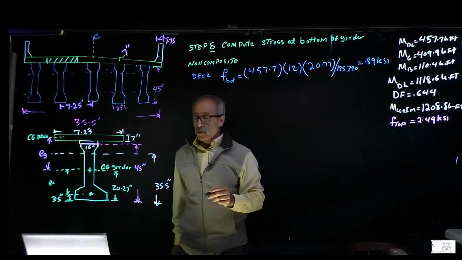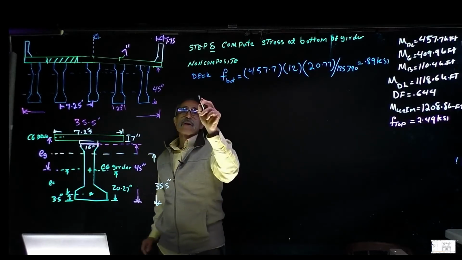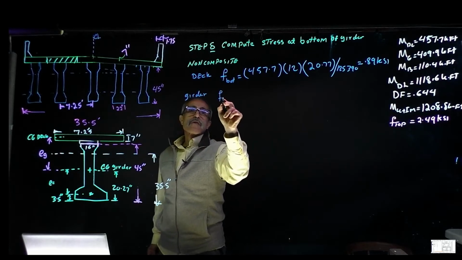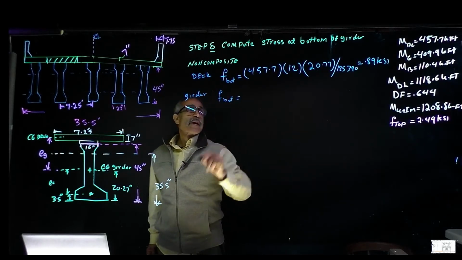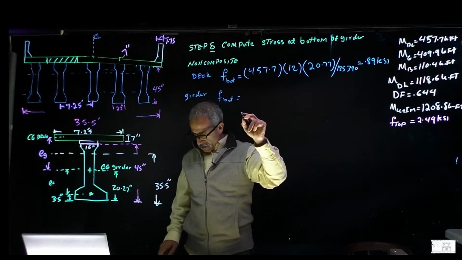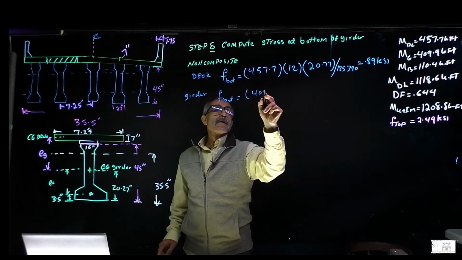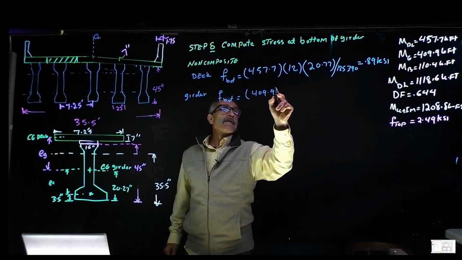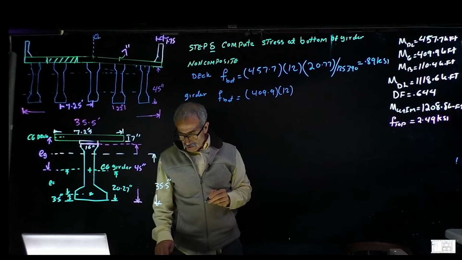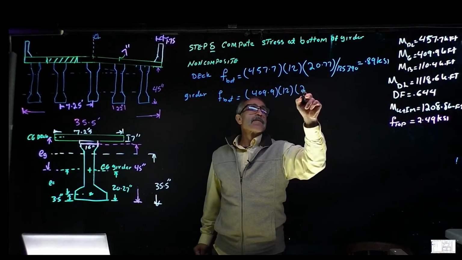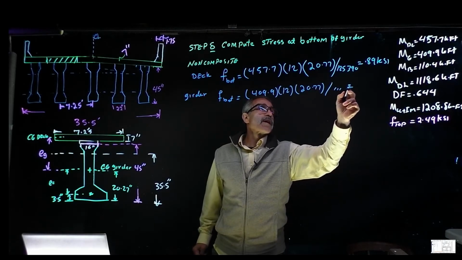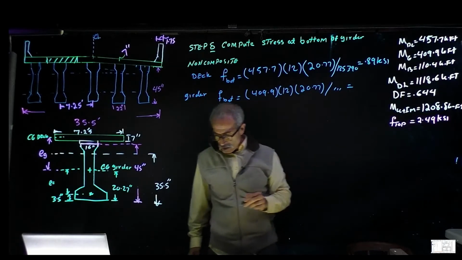Then we're going to have due to the girder itself, which is a type 3 AASHTO. So F at bottom comes out to, and that moment was 409.9 multiplied by 12, kip foot made into kip inch, and then times 20.77, divided by the same moment of inertia, and that will give me 0.81 KSI.